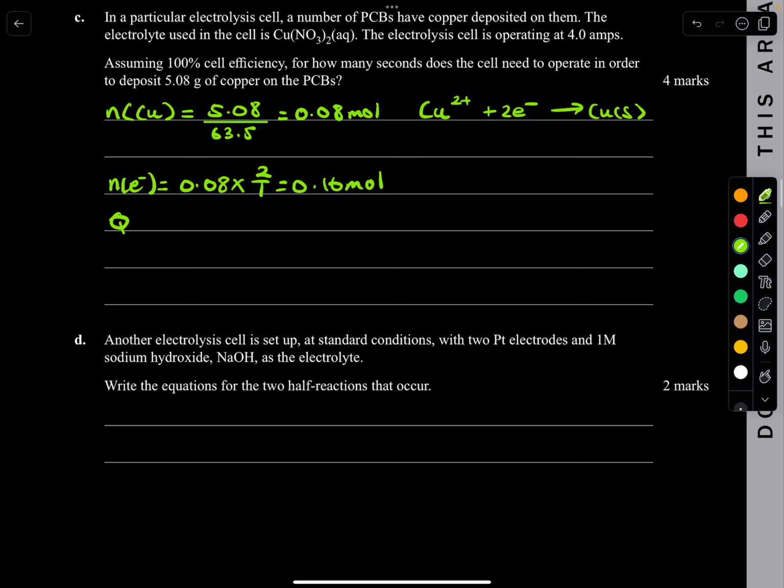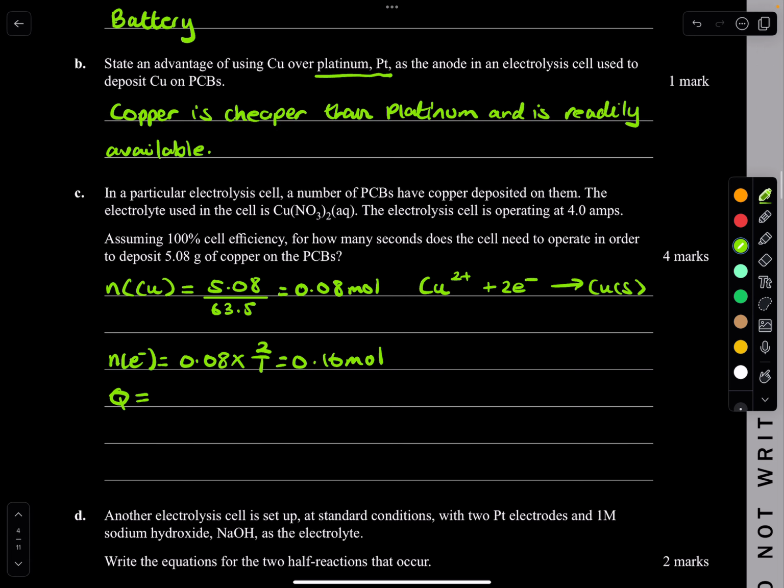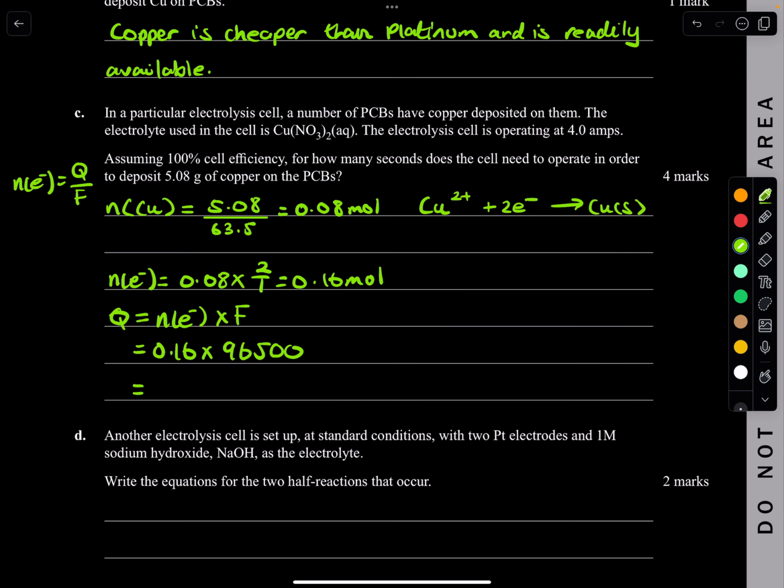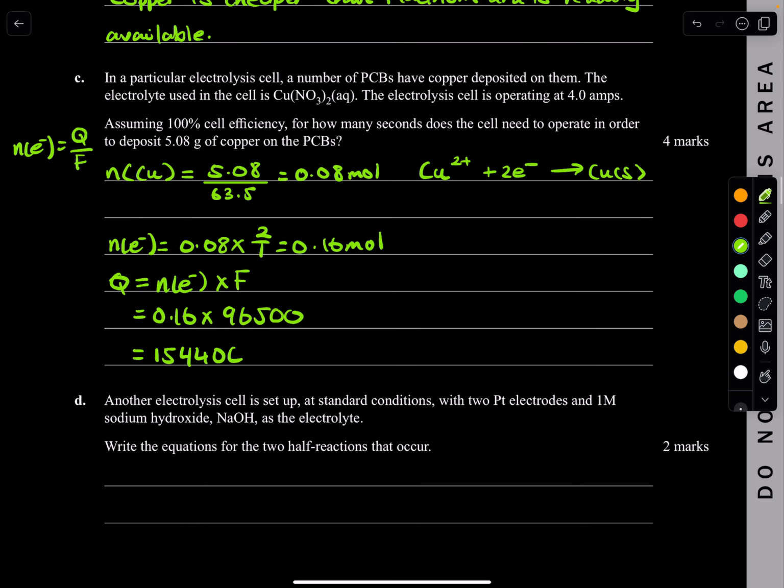Number of moles of electrons is your Q over F, so Q is the number of moles of electrons times Faraday's constant. So 0.16 times 96500, which is the constant in your formula sheet, results in 15440 charge.